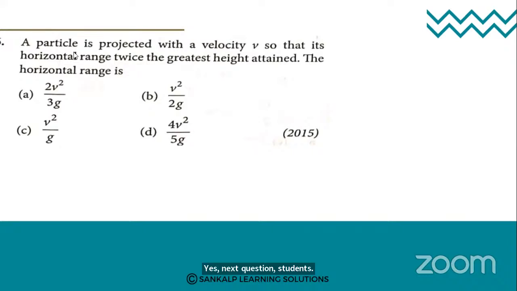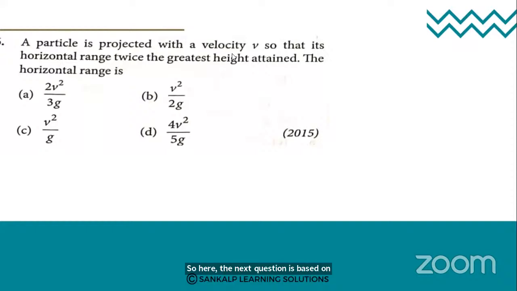A particle is projected with a velocity v so that its horizontal range is twice the greatest height attained. The horizontal range is? Just now we have seen the maximum height equation. So the next question is based on the horizontal range.